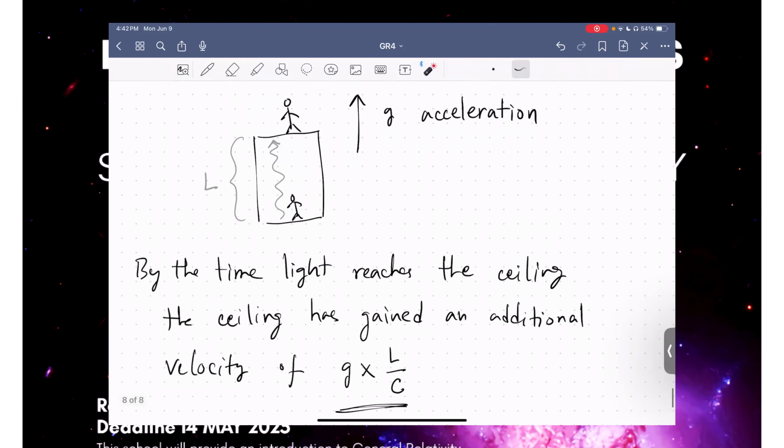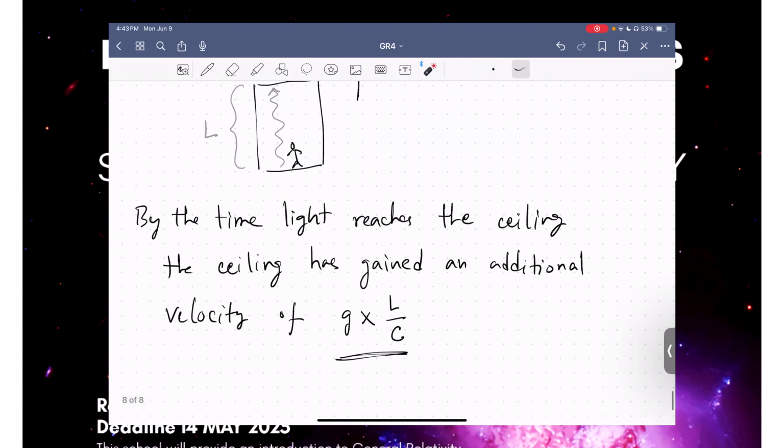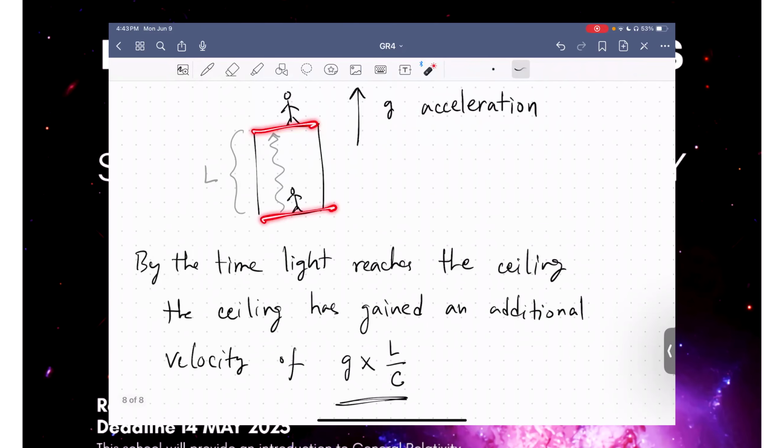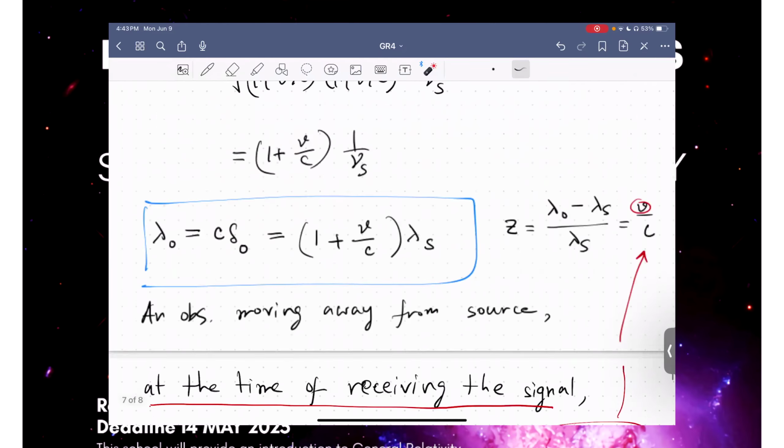So what is the situation? From the perspective of a truly inertial frame, when light is being emitted, both the ceiling and the source are stationary, because we matched the velocity of our initial frame with the velocity of the elevator at the initial time. But when that light is observed, the observer is moving at this velocity.